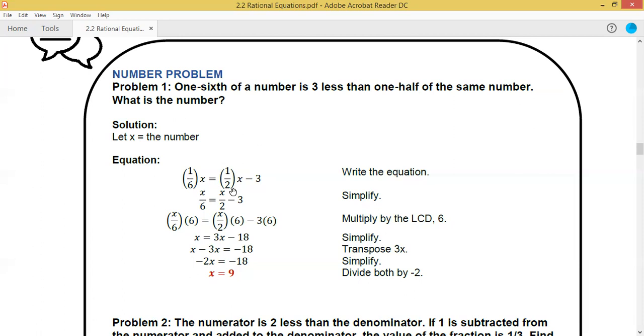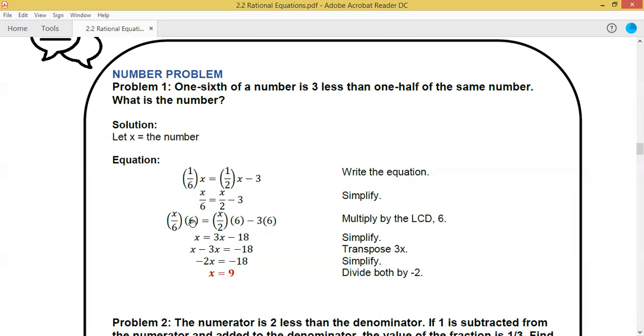The LCD is 6 and 2. So what's the LCD of 6 and 2? Yes, that's 6. So we have x over 6 times 6. You multiply all the terms by 6 equals x over 2 times 6 minus 3. What's the LCD again? 6.